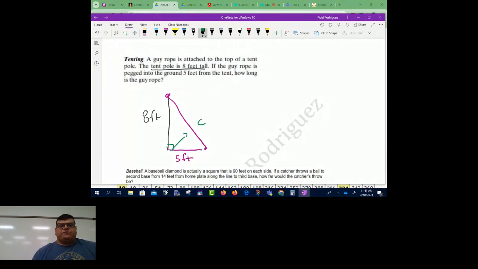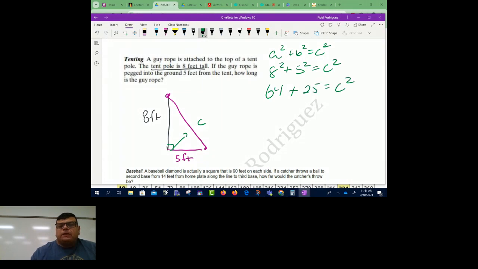That's my side that's C, right? So again, first thing I'm going to do, A squared plus B squared equals C squared. So look, 8 squared plus 5 squared equals C squared. That's 64. 5 squared is 25. 64 and 25 should be something like 89. And then, remember, to solve for C, I take the square root of 89.